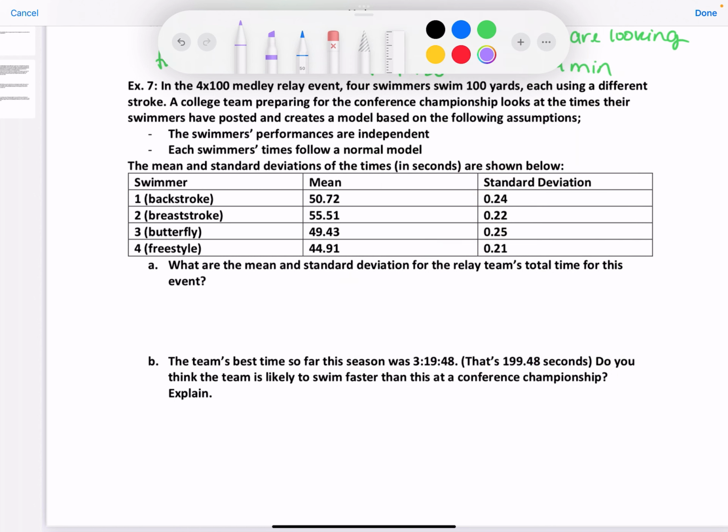So, for the mean, we literally just add them all up. And that ends up being 200.57 seconds.